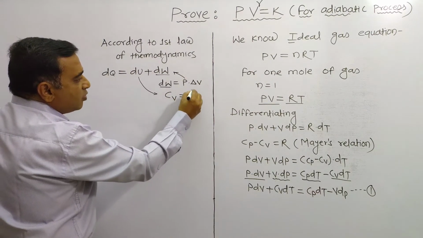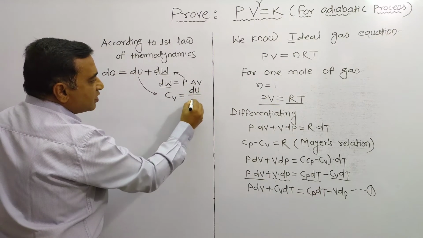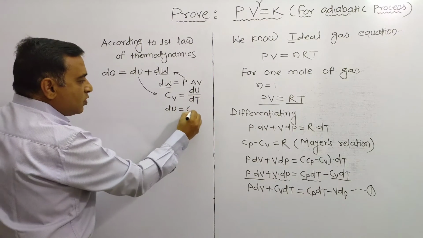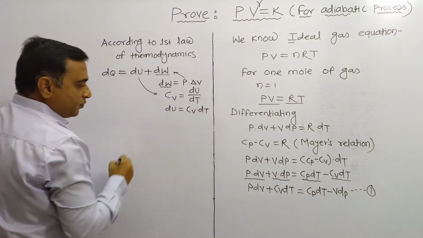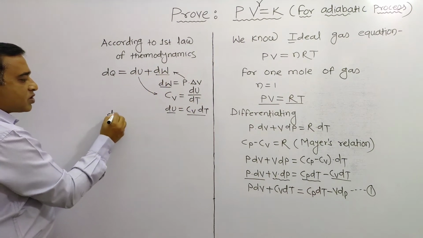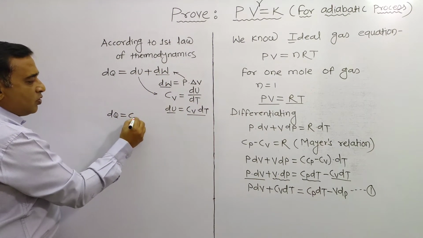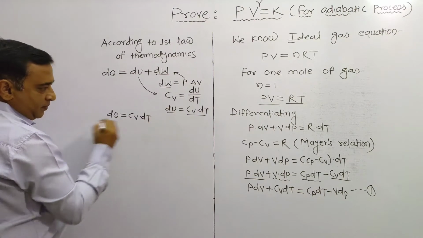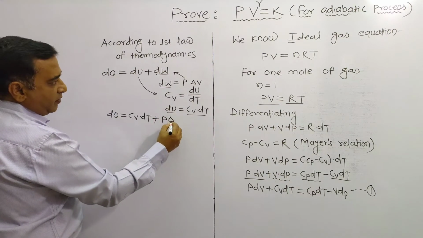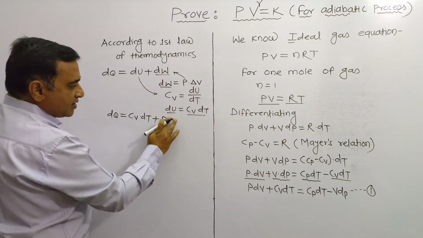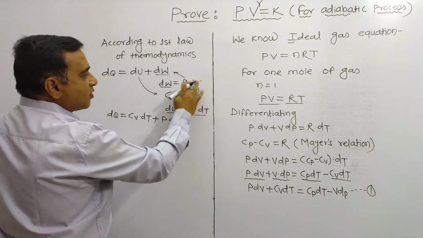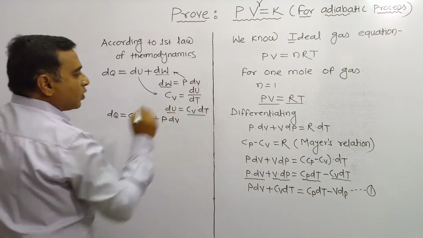Specific heat at constant volume is the change in internal energy with respect to temperature, and we know very well that dU = Cv dT. Substituting this into the equation, dQ = Cv dT + P dV. We write dV here because we have already substituted dV.